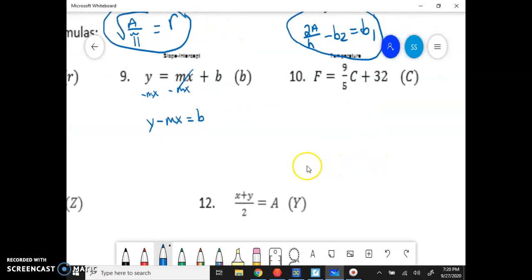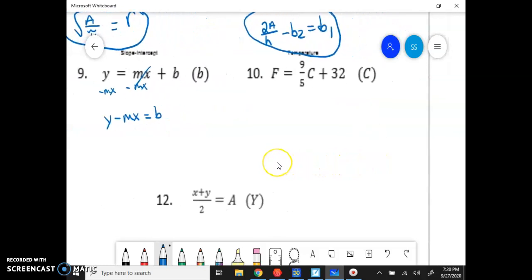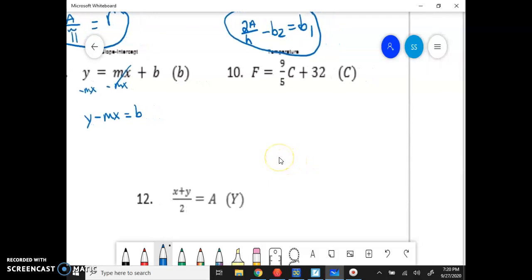Number 10 looks like the formula to convert Celsius to Fahrenheit. So let's see. First thing we want to do is get rid of this 9/5. And remember, multiplying a fraction, we would be doing 9/5 times c.